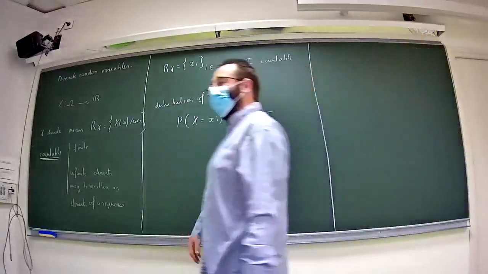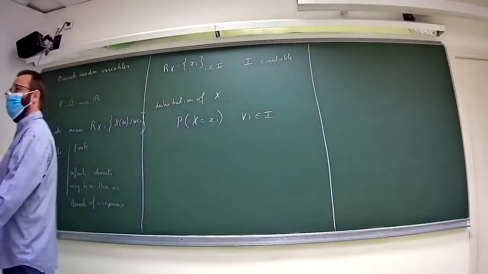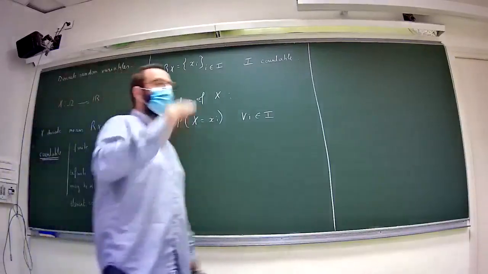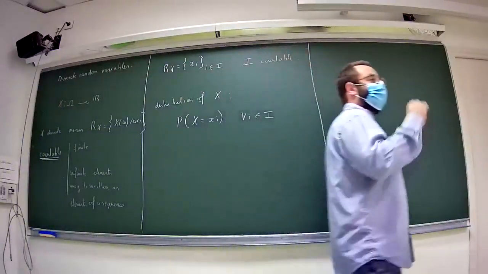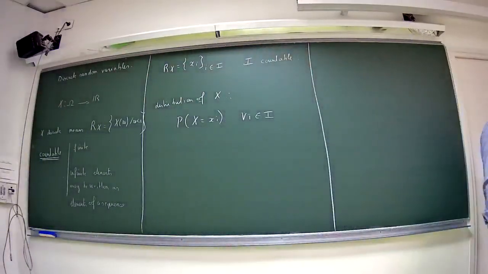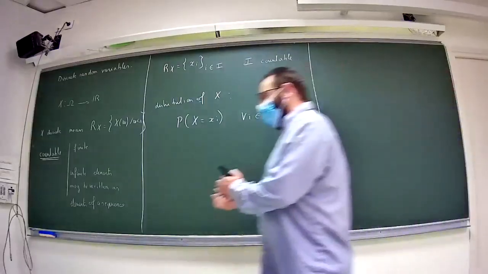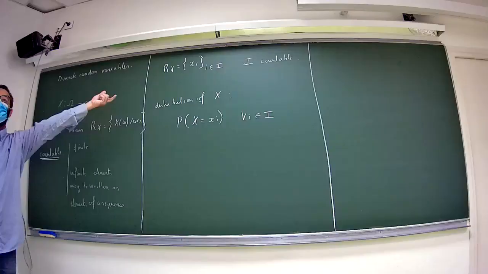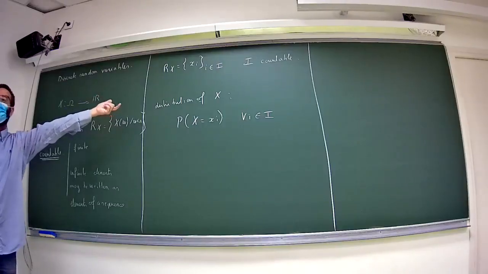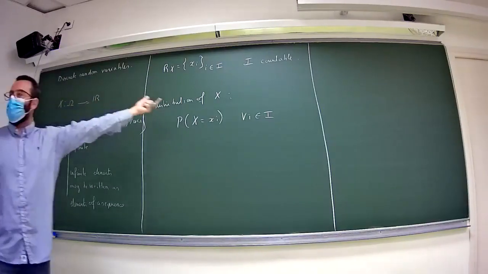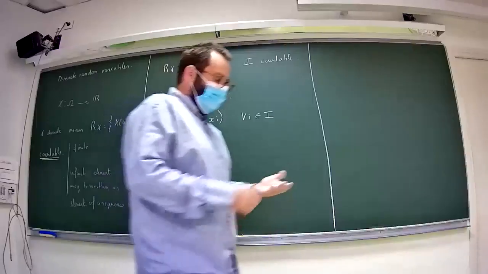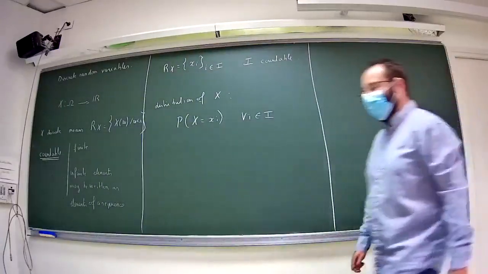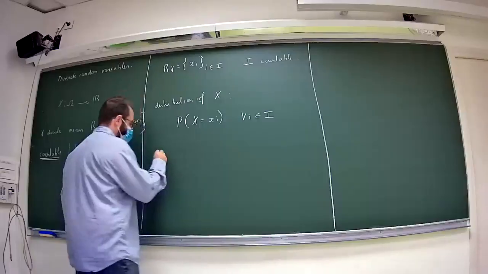So it's not sums over intervals that are not countable. It's just sums over countable sets that are just classical sums you deal with. Okay? So what I have tried to explain during the previous session is that I want to define the expectation, a kind of average value in this situation. Okay? So we have seen the definition together. Okay? So the definition I have given for the expectation is this one.